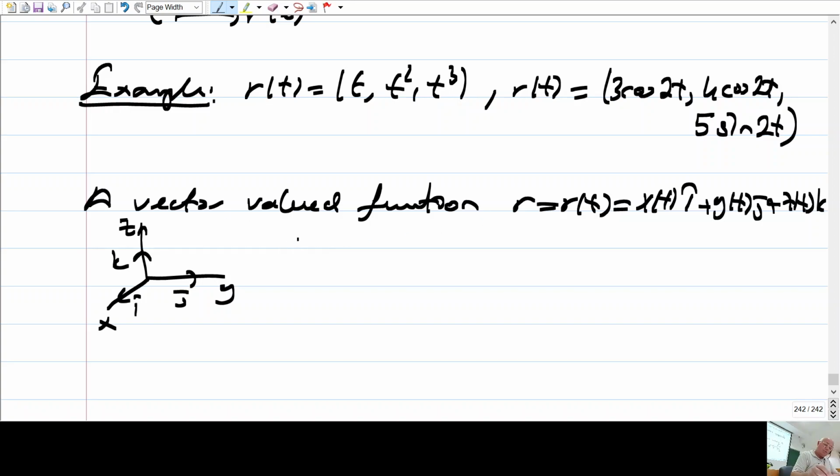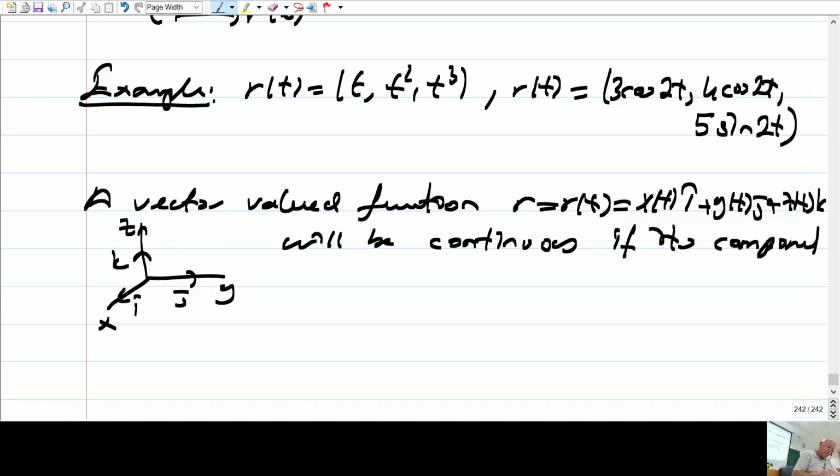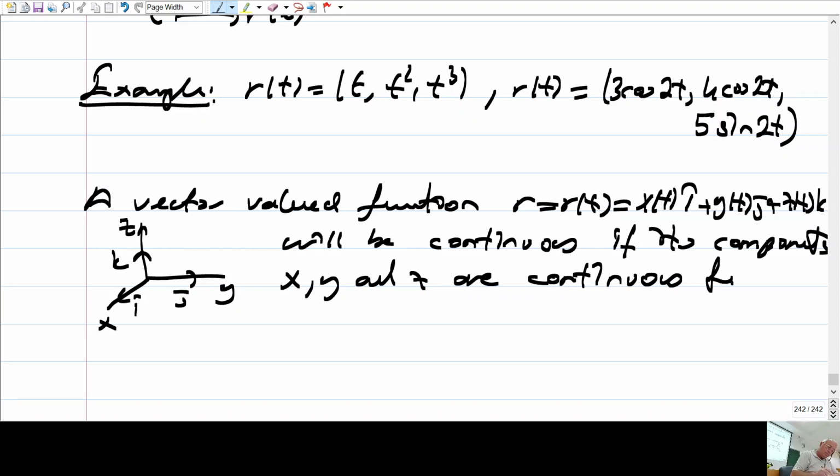A vector valued function will be continuous if its components x, y, and z are continuous functions, right? x, y, and z are functions of t. If they are continuous, then r is continuous.